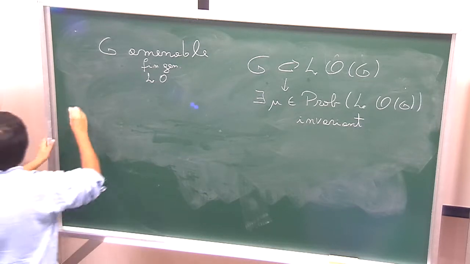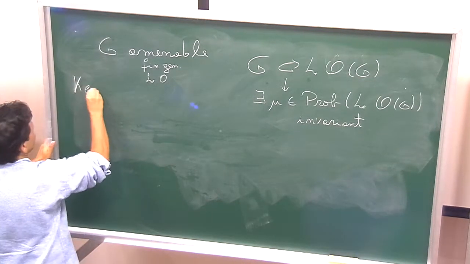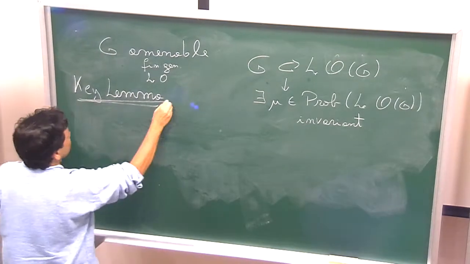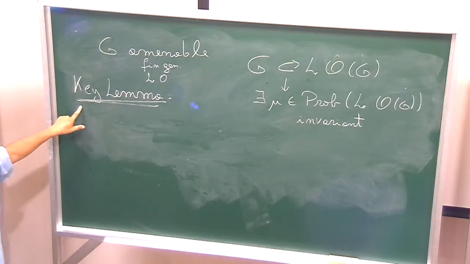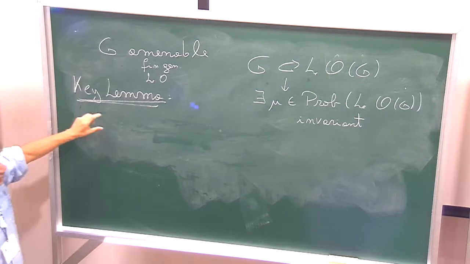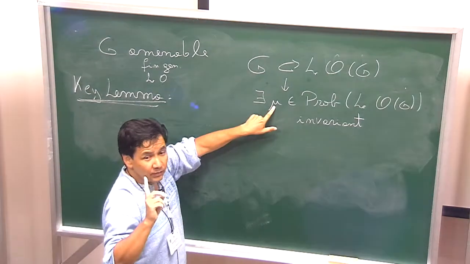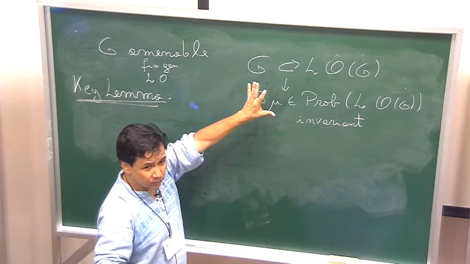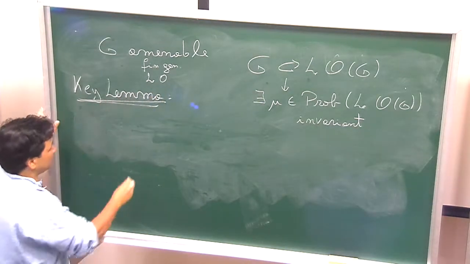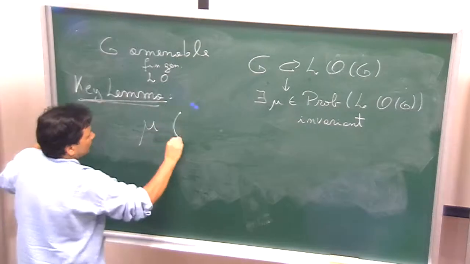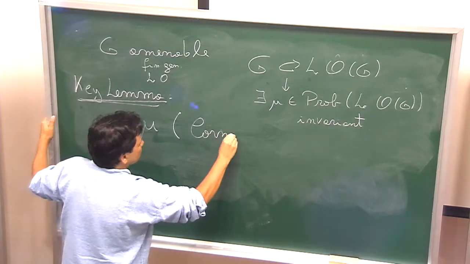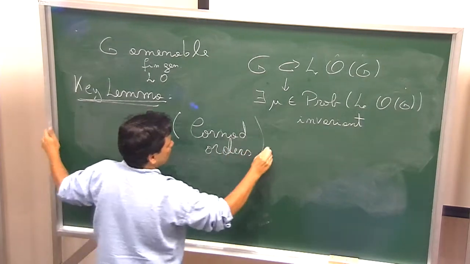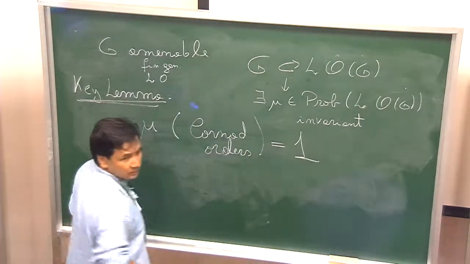And the key lemma, and here I will stop, key lemma, and this is really fantastic. This is an application of the Poincaré recurrence theorem. You only know that there is an invariant probability measure. You don't know what this measure is, what the space of orders is, but there is a very simple lemma that shows that mu of Conrad orders equals 1.